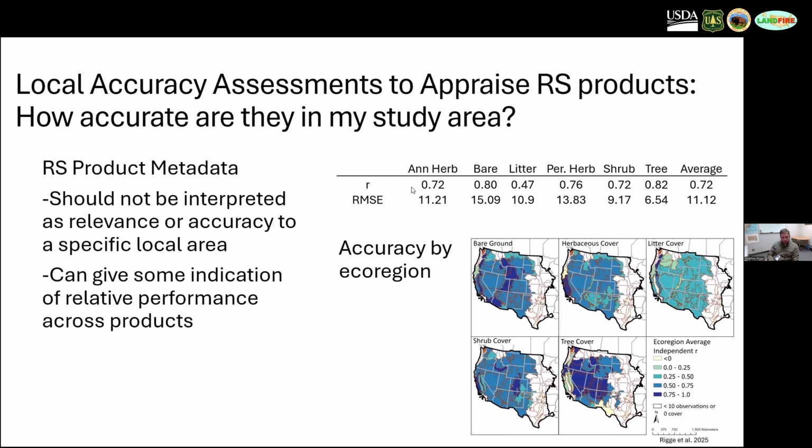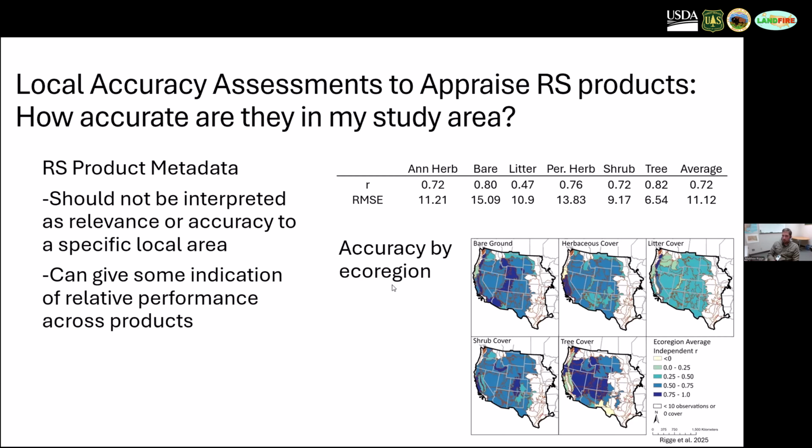Also, another thing to be aware of is that these accuracy assessments are relative to field data, which themselves contain error. So these accuracy assessments add the error from both the remote sensing classification and the field data. We do have enough information now to start to get at the accuracy of these products by ecoregion, which is sort of informative.